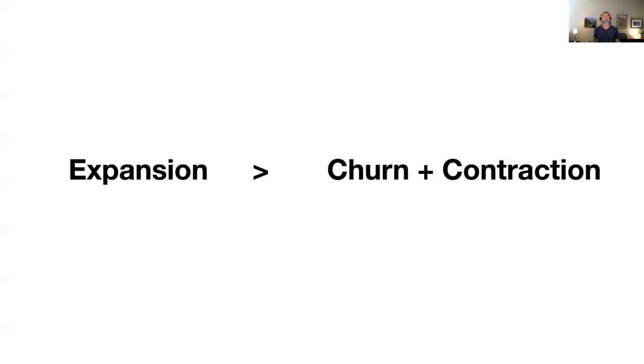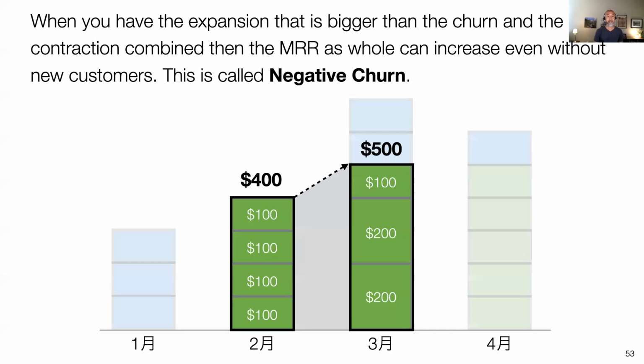So if the expansion is greater than the combination of churn and contraction, then your MRR from the existing, retained customers can actually grow. That means without even new customers, your MRR can grow even when you have customer churn. This is called negative churn.